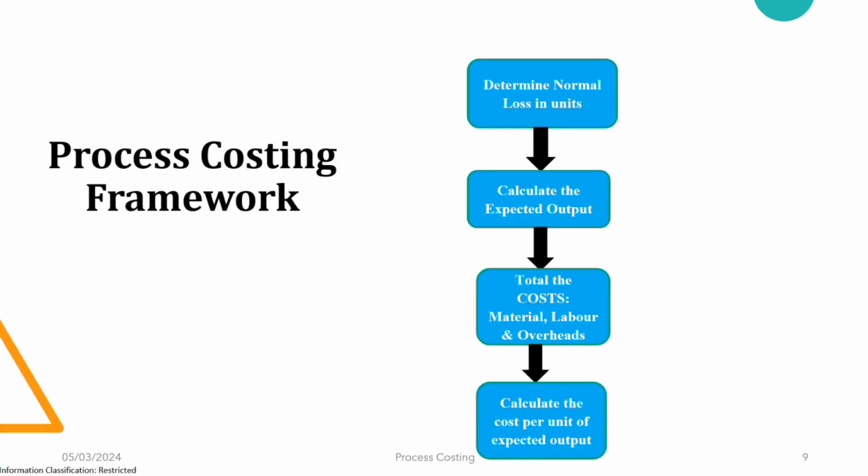So in terms of process costing, as the term implies, it's very important to distinguish the average cost of different items because it's significantly mass produced. There is a general steps framework that can help to understand how to do process costing. At the beginning, it's important to determine the normal losses in the unit. For mass production, if there are no losses, that would be quite good.